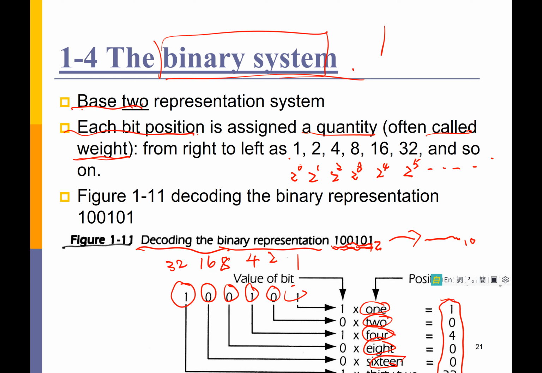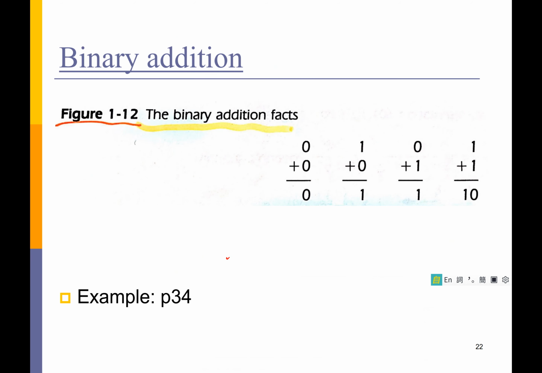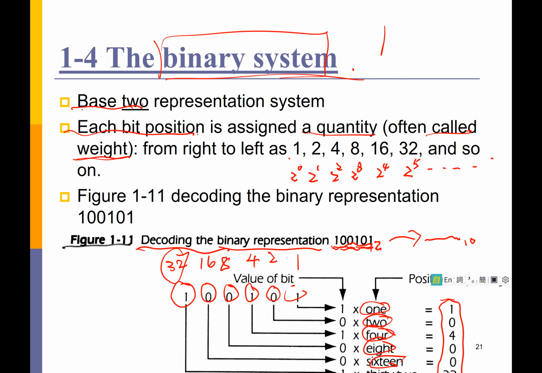So this is 32. The 0s we can forget. The 4 is 1, and the 0s we can forget.